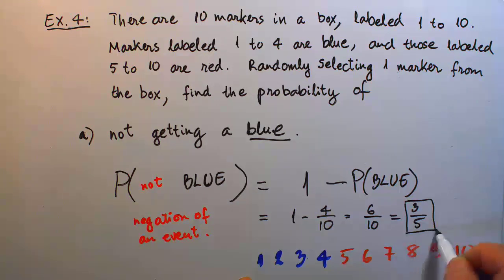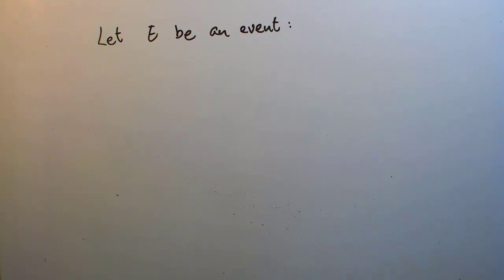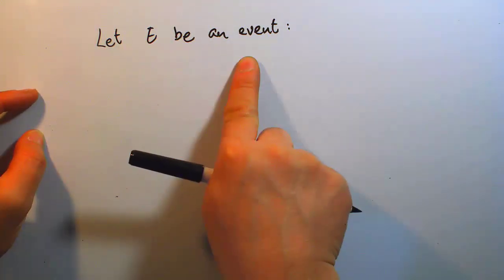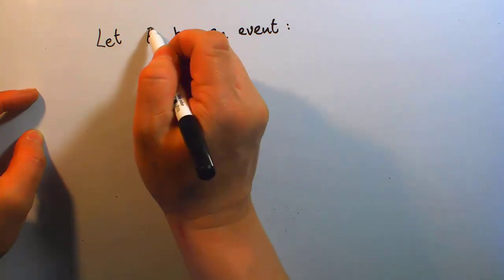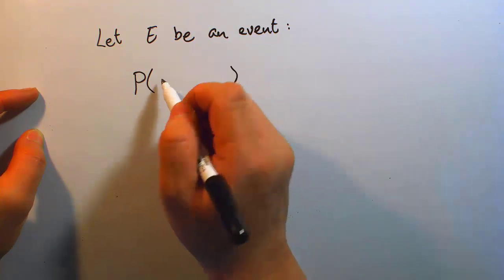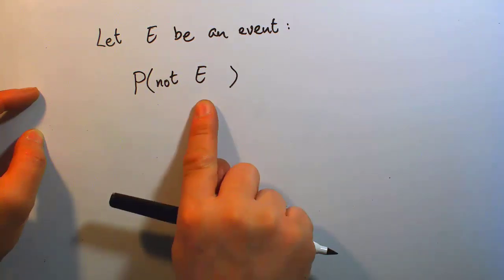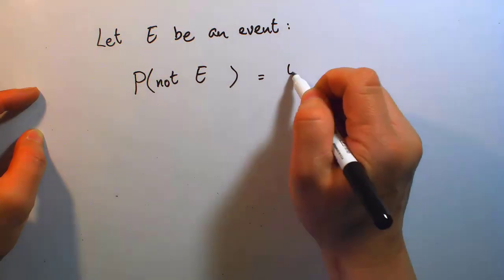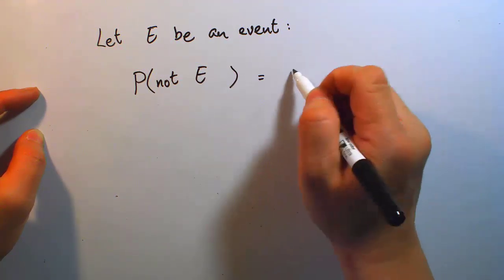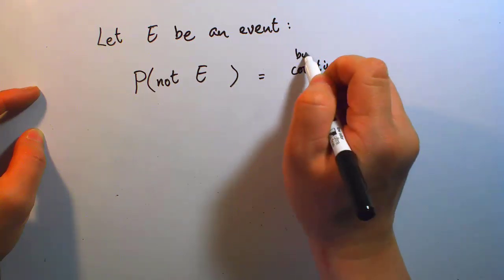So my intention is to explain that sometimes when you have any event right here, and you recognize some events to be a primary event, and your question is looking for the probability in the form of not E, then once again, one way you can do that is by counting. We can answer this by counting, or we can answer this by using a formula.